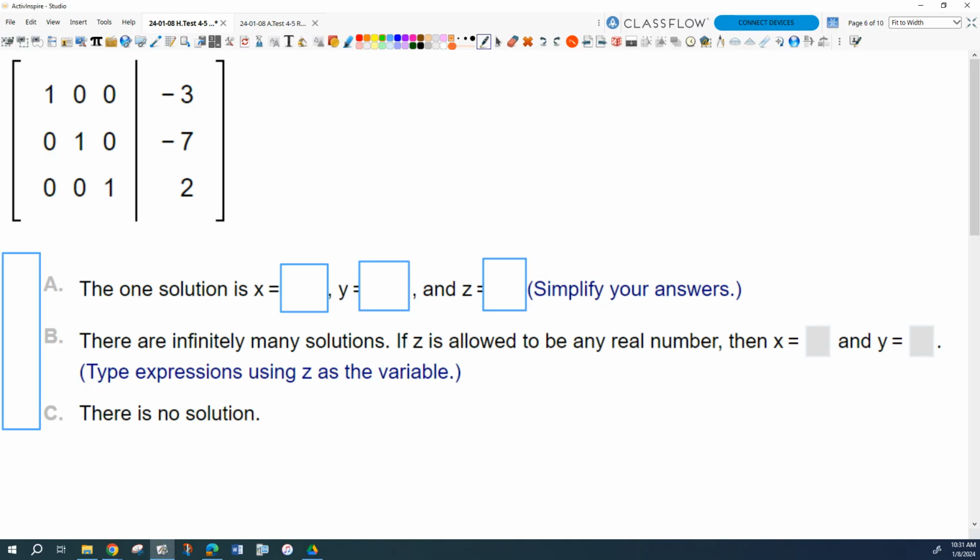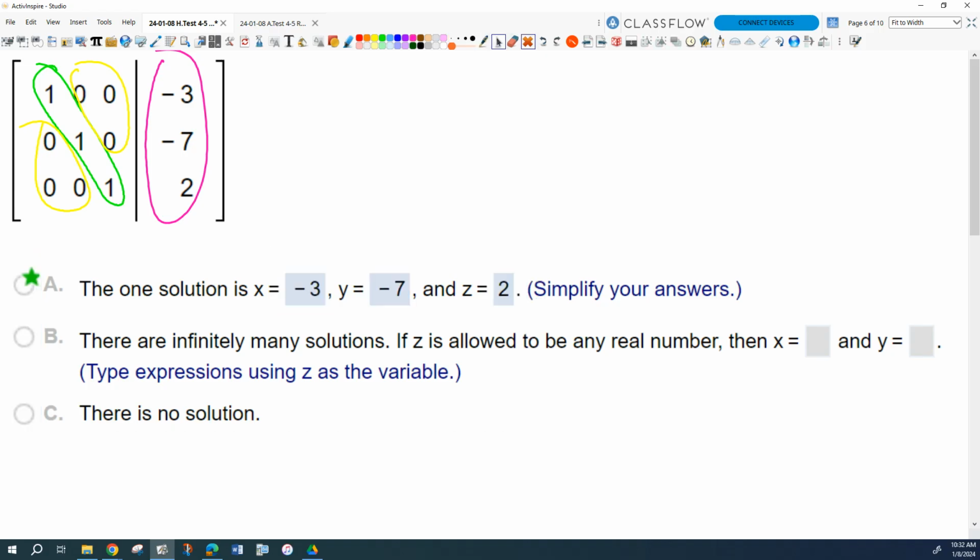We know what that looks like. That's the look we get when we get the descending diagonal of ones. We get the upper triangle of zeros, lower triangle of zeros, and the solutions, right? So this is one that looks like that. Okay?